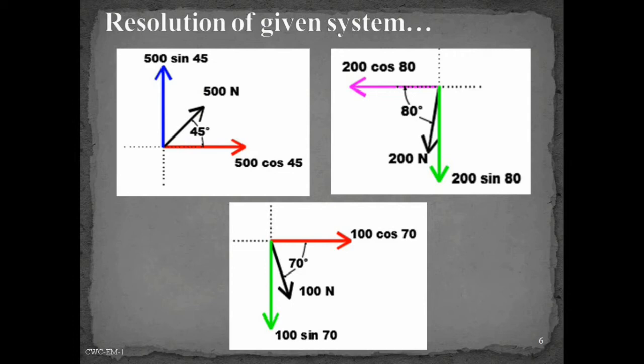Now we have finished the resolution of our given system of forces. Here you can see positive horizontal components are marked in red and negative horizontal forces in pink. The blue line is the positive vertical force and the green line refers to the negative vertical component.